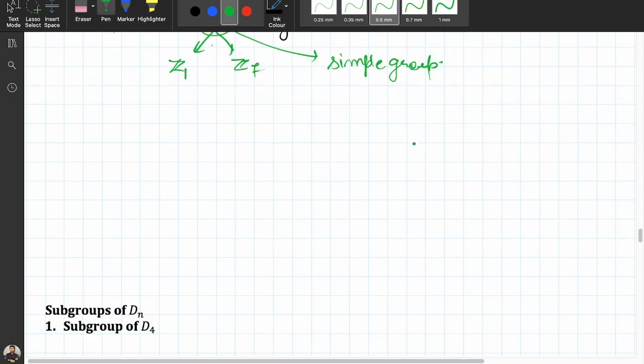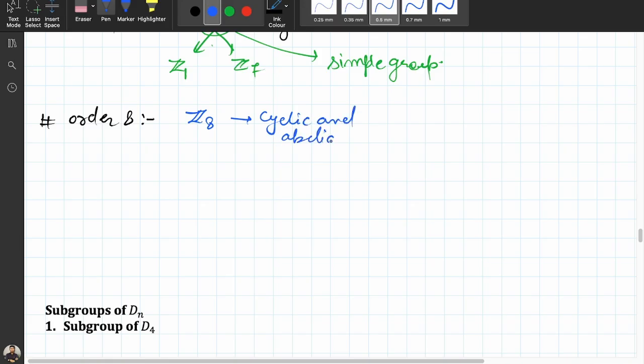Next, what about order 8? First one, Z8, we all know, that is cyclic and abelian. But one more thing, Q8, that is non-abelian.